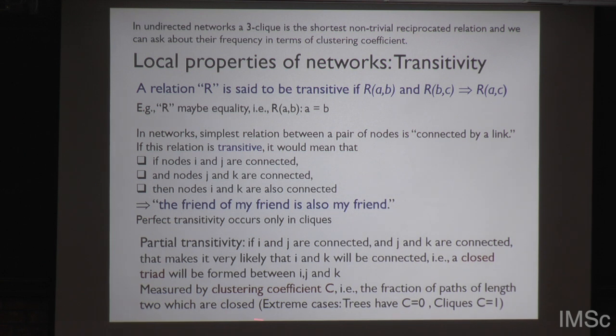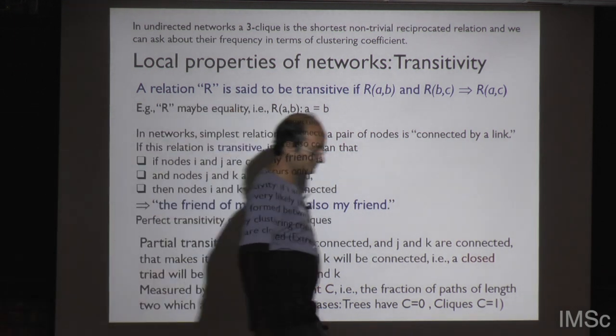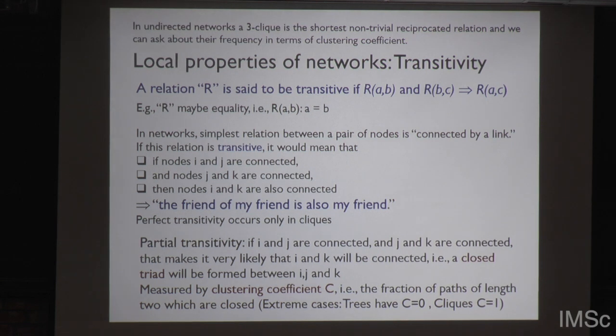When you're trying to measure how transitive your network is, you calculate a quantity known as a clustering coefficient. This is basically the fraction of paths of length 2 which are closed. You remember that I was talking about paths of length 2. A and B would have a path of length 2 if there's an intermediate node C through which a path exists between them.